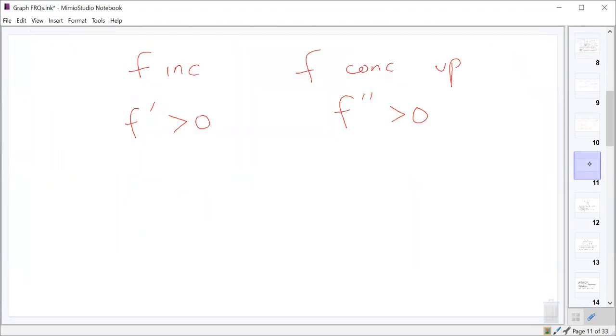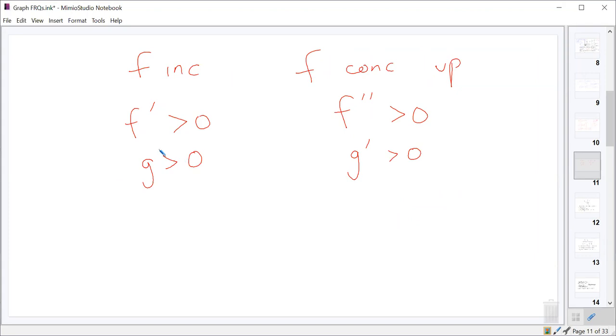So when f prime is positive, that means g is positive. And when f double prime is positive, that means g prime is positive. Okay? So we have a graph of g.